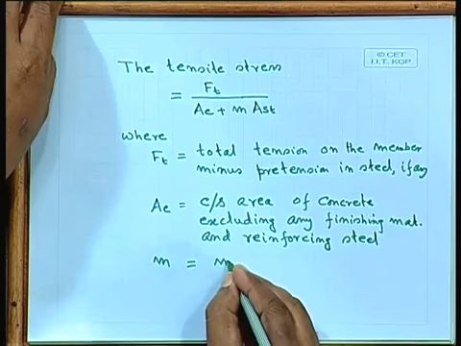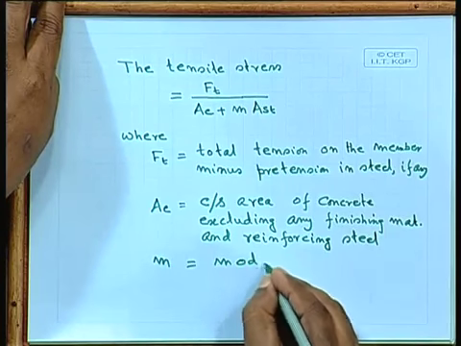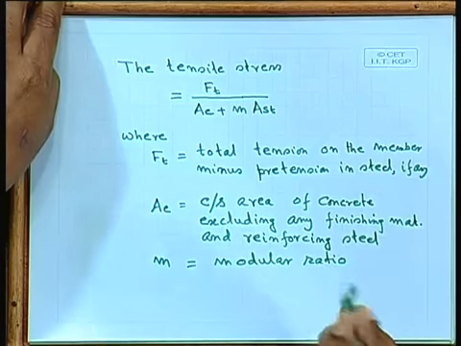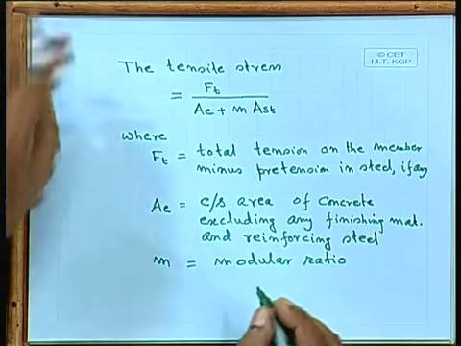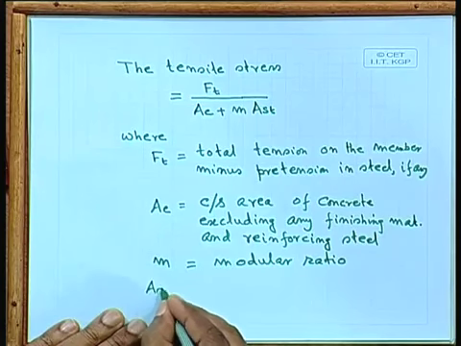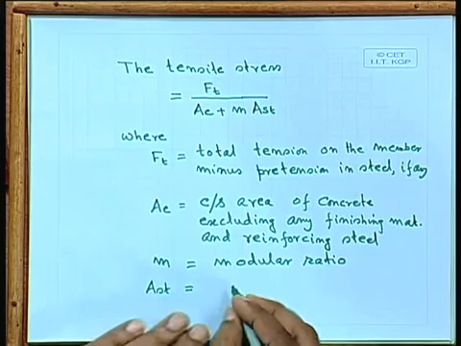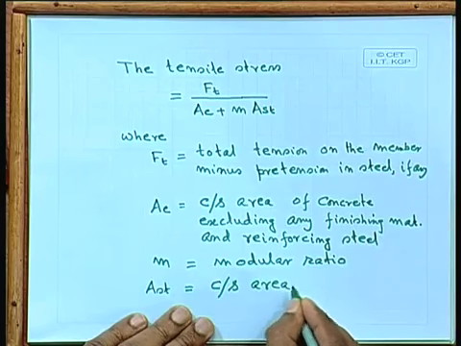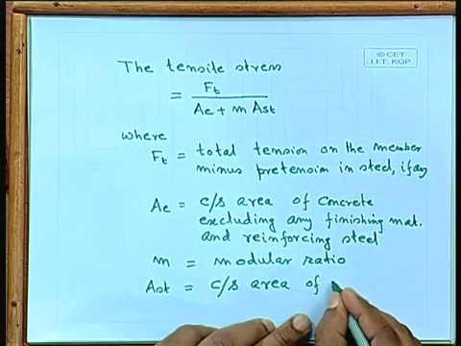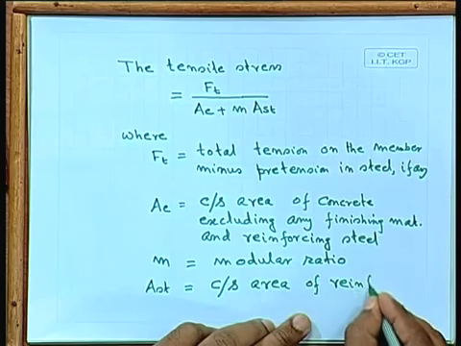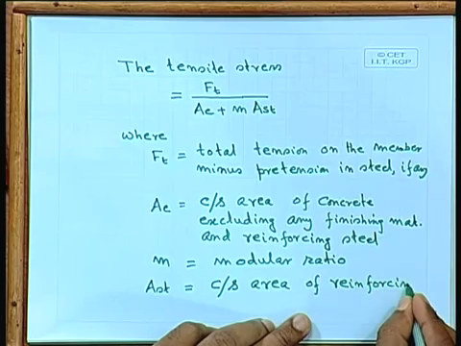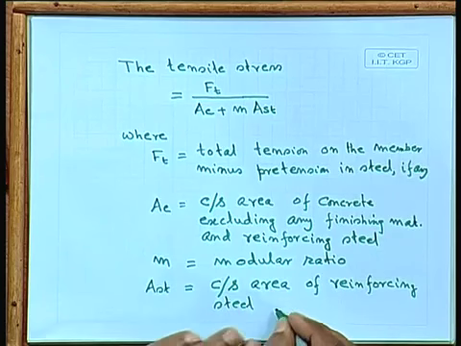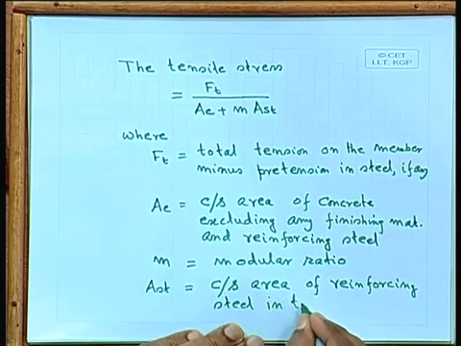M, that modular ratio, and AST, cross sectional area of reinforcing steel, to be more specific, in tension.